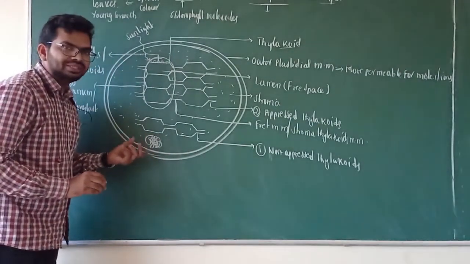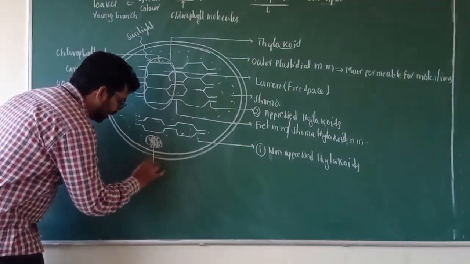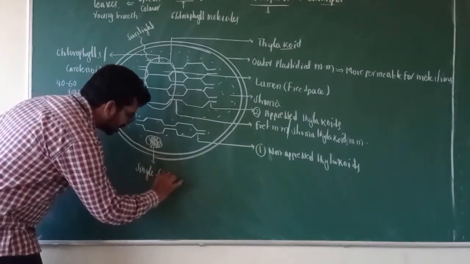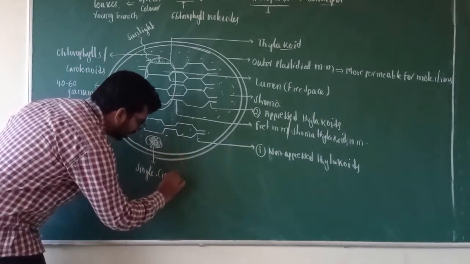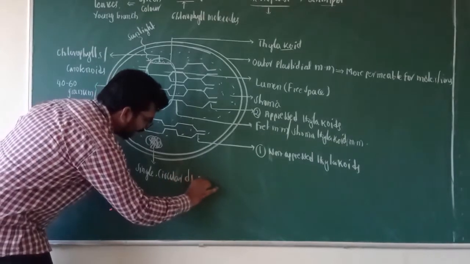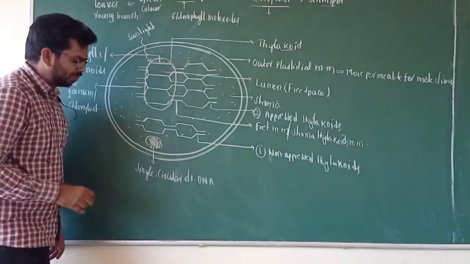A single circular double stranded DNA is present in the chloroplast, freely in the stroma of the chloroplast.